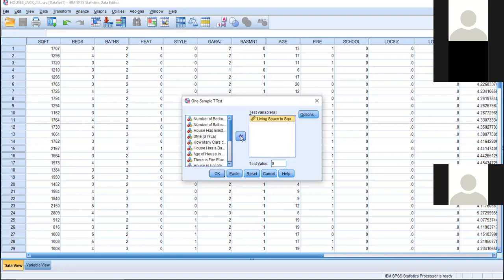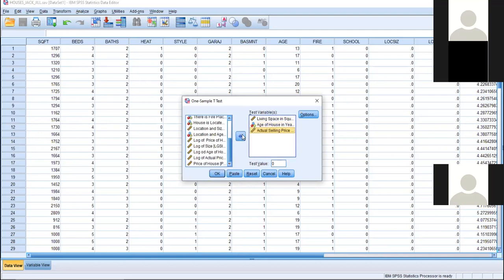So I'm going to take living space. I'm also going to look at the age of houses in the neighborhood. And I'm also going to do a confidence interval estimate of, say, the actual selling price of houses in the neighborhood.